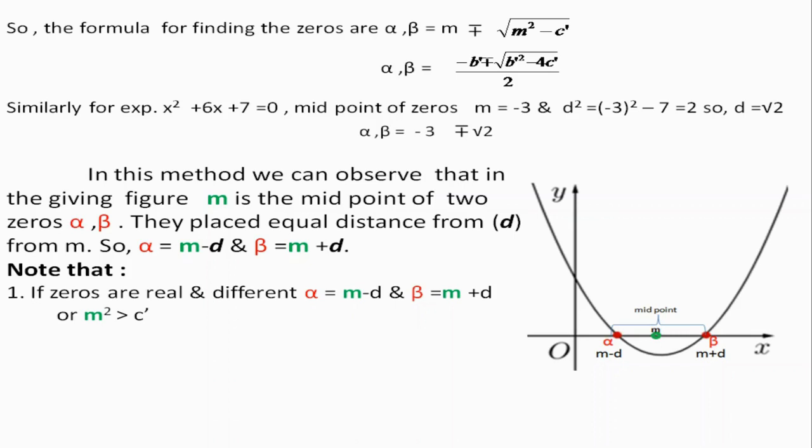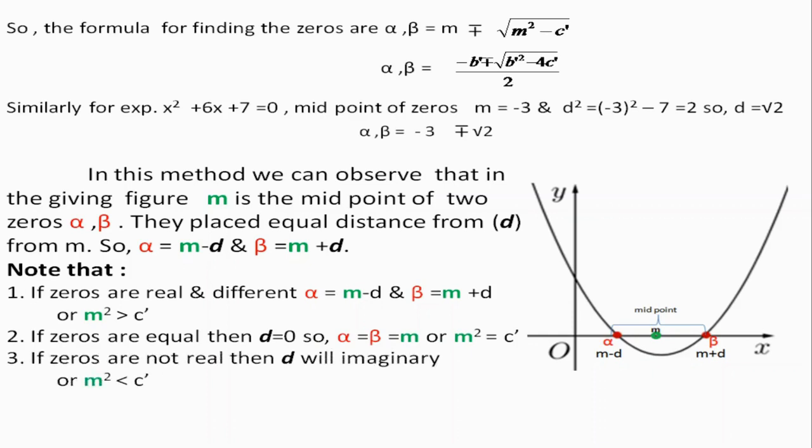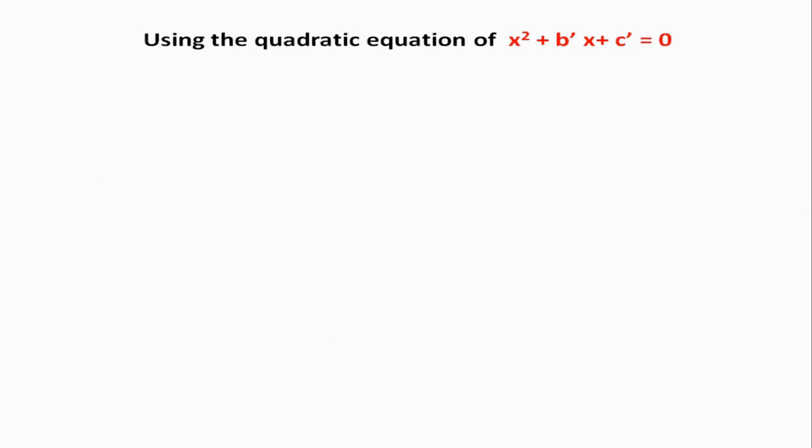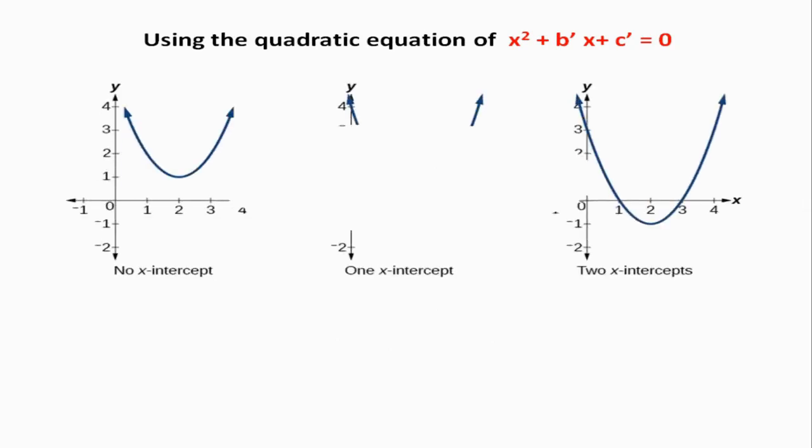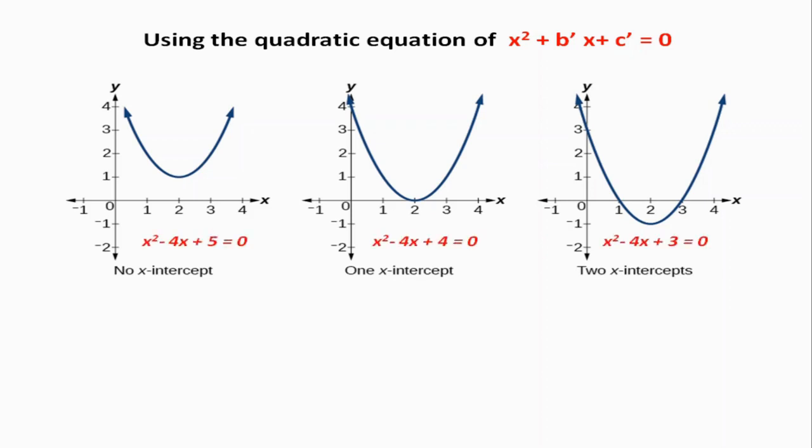Important to note, when m square is greater than c dash, the zeros or roots are real and different. When m square is equal to c dash, zeros are equal and d is equal to 0. When m square is less than c dash, d is imaginary, and in that condition there are no real roots. Similarly, there are three conditions here like the previous one.